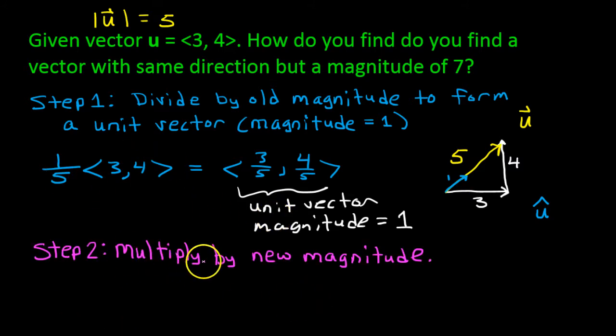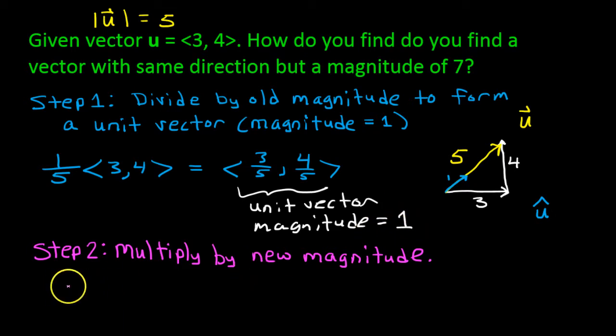Now step 2 is just to multiply by the new magnitude. Right now we have magnitude 1. If you take something with a magnitude of 1, anything you multiply by is going to be the new magnitude. If you have a magnitude of 1 and you multiply by 6, now you have a magnitude of 6. If you multiply by 7, now you have a magnitude of 7.